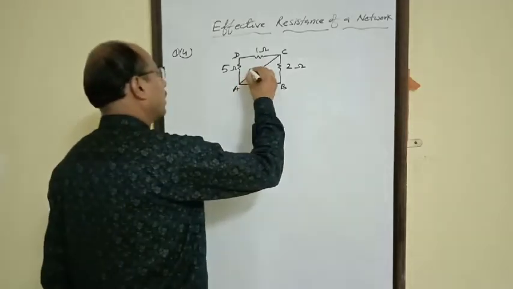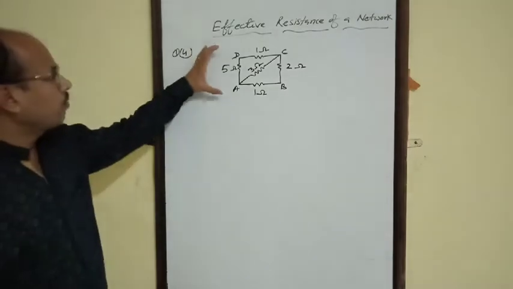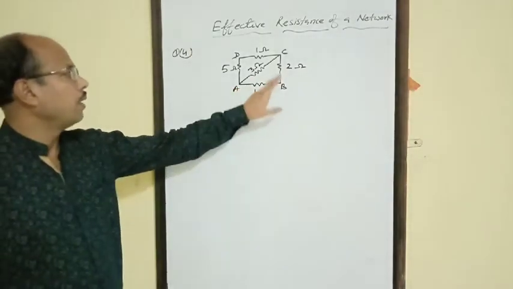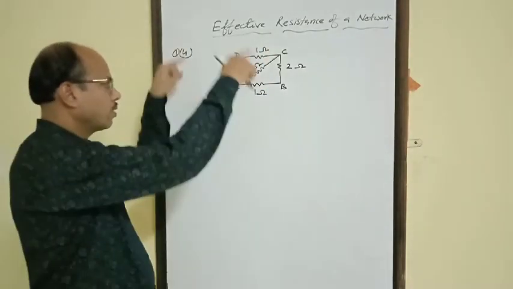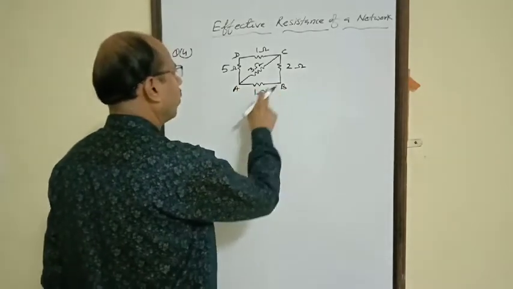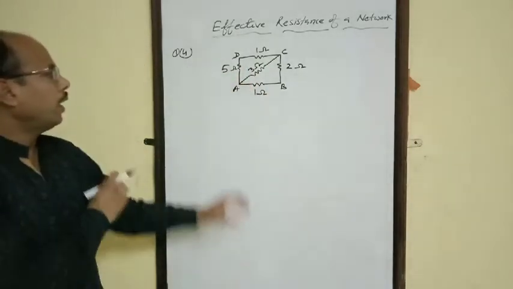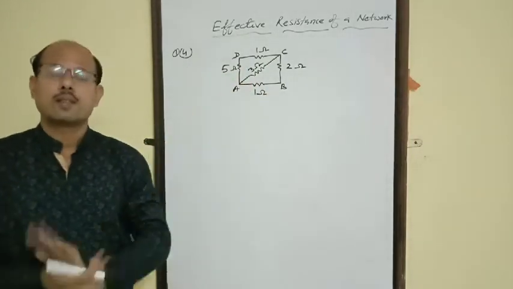And here it is a resistor of 3 ohm. So that means there are 5 resistors, and A, B, C, D are the vertices of a rectangle, we can say. The resistors are 1 ohm, 2 ohm, 1 ohm, 5 ohm, and 3 ohm. And we have to find out the effective resistance.